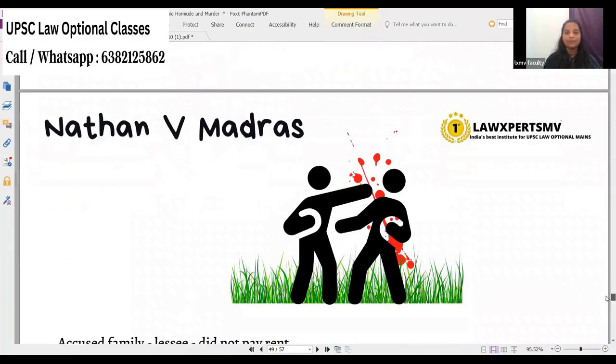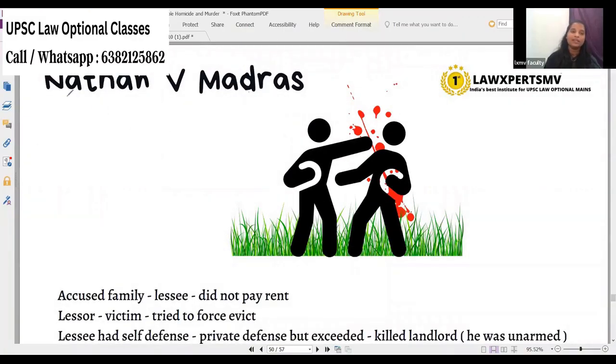Okay, let me give you a case law. Nathan versus Madras. What happened? There was this victim family who was owning a lot of land, and this Nathan family, who's the accused family, was a tenant there. So suddenly the landlord comes in and asks for the arrears of the rent and they don't give it. And the landlord forcefully evicts the whole family, that is the accused family, the tenant place.